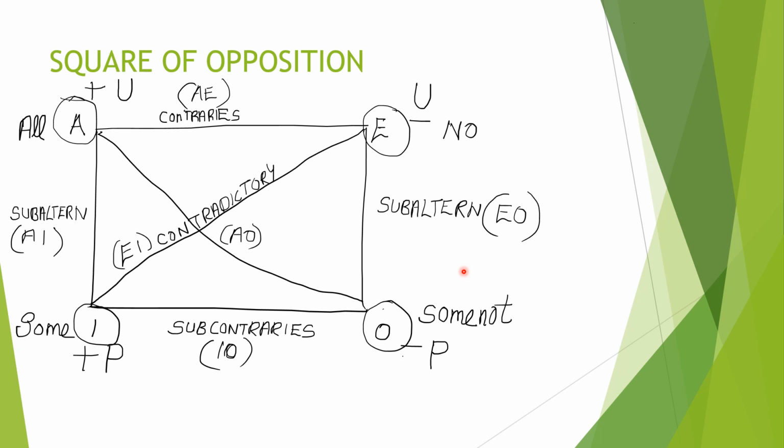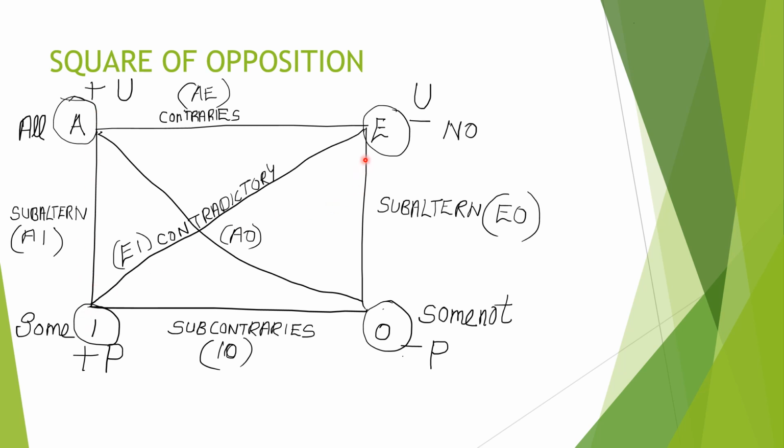In the square of opposition, you have to study what is contraries, what is contradictory, and what is subcontraries. You have to study the subaltern also. We will study them one by one. First, you have to know this square: A, E, I, O. A is positive and I is also positive. These two are positive.